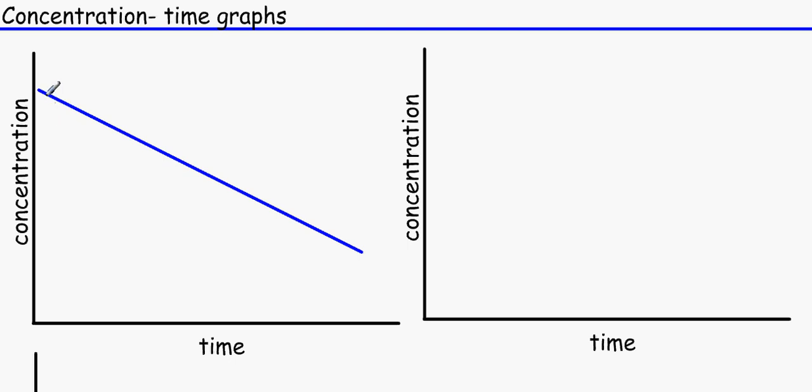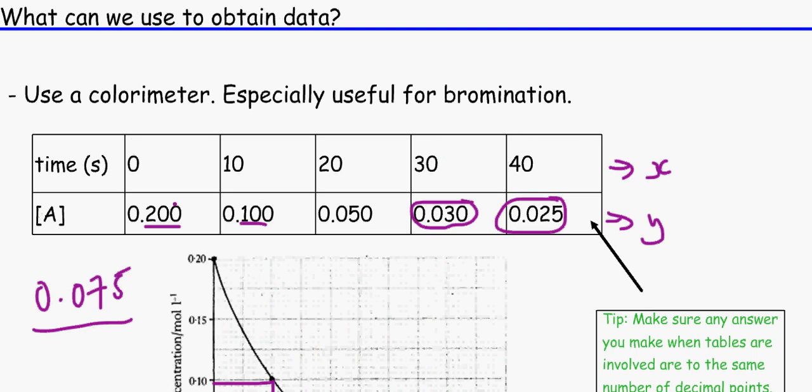As we can see here, the concentration declines steadily as the time moves on. In this graph here, I know it's not very accurate, but we can see that the concentration of it halves after each set of time. Okay, this is what it's supposed to look like, by the way.